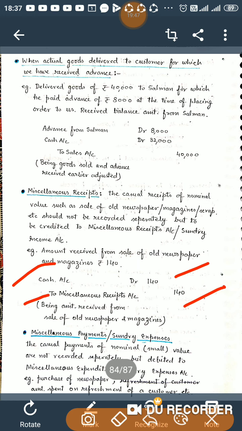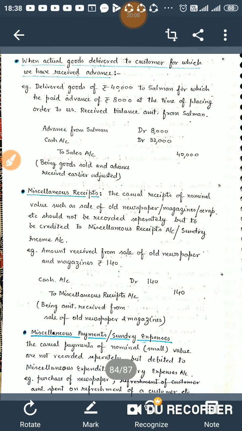You do not open an account for a receipt from sale of old newspaper. Every time there are nominal value, casual receipts, they should be clubbed under one account, that is miscellaneous receipt or miscellaneous income account.